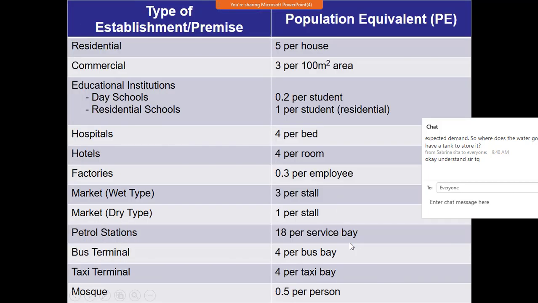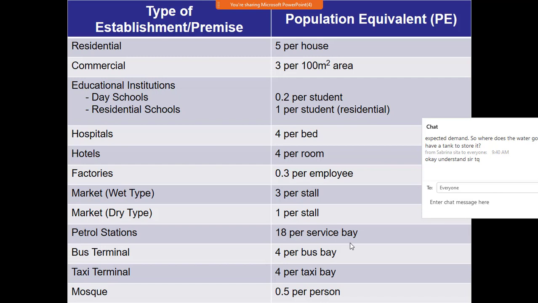This table shows you the whole type of establishment or premise and the population equivalent. Take a screenshot. We might need it at the end of the class, we may solve a question. So take a screenshot and save it, because you don't have the notes until now.